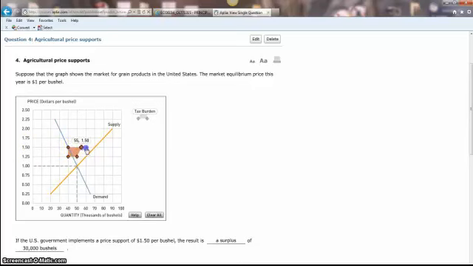Then we drag this over to where the other X hits the supply curve, which is the difference between the supply and demand curves. If we drag this all the way down to here, and then this one all the way down to 70,000, that shows us the actual area of tax burden borne by the taxpayers for installing this $1.50 price floor.